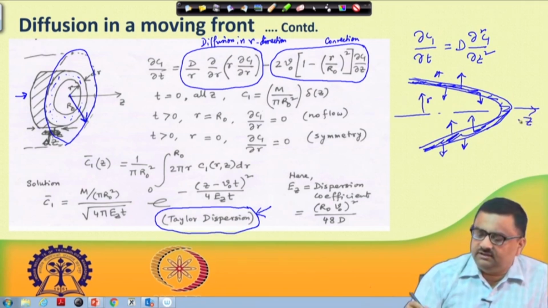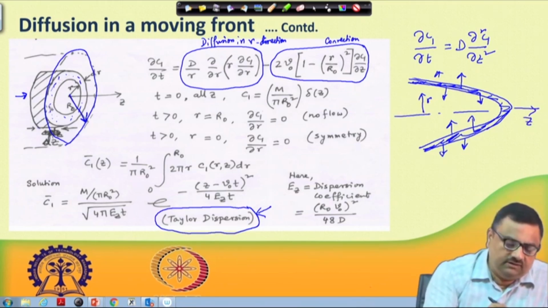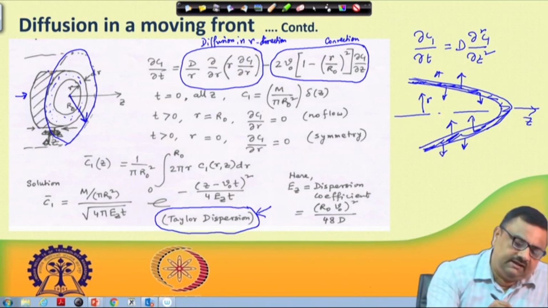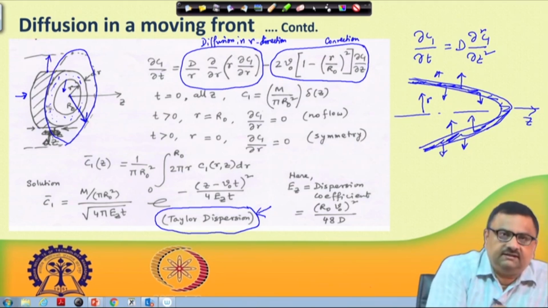So, when we work with this differential element, we have a diffusion that is taking place in this direction, that means in r direction, but in z direction there is no diffusion.